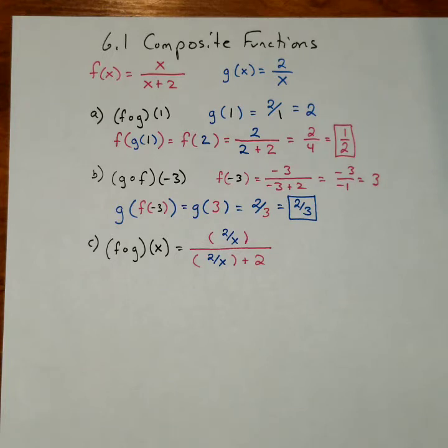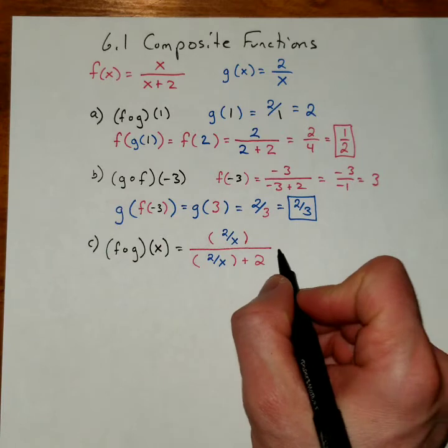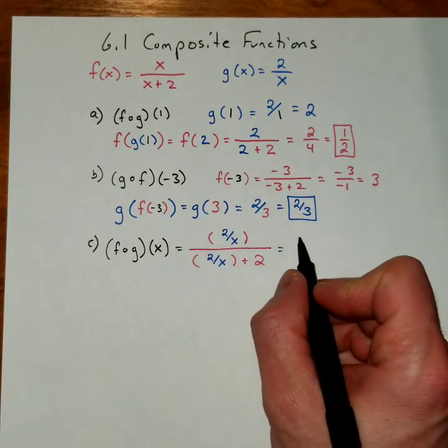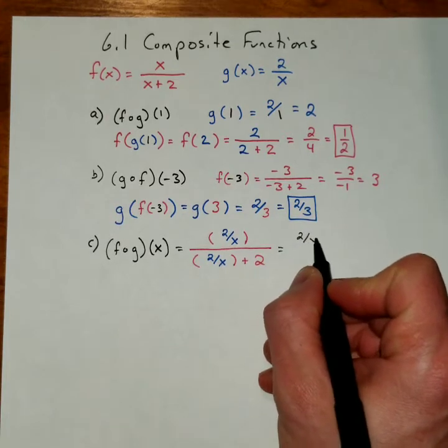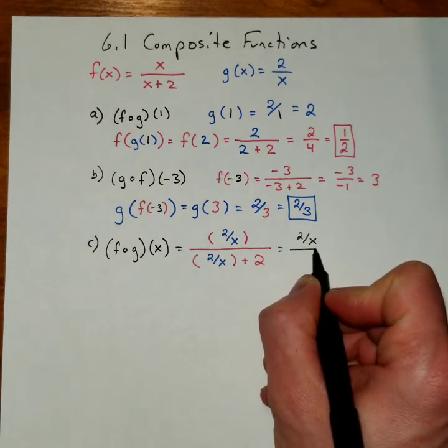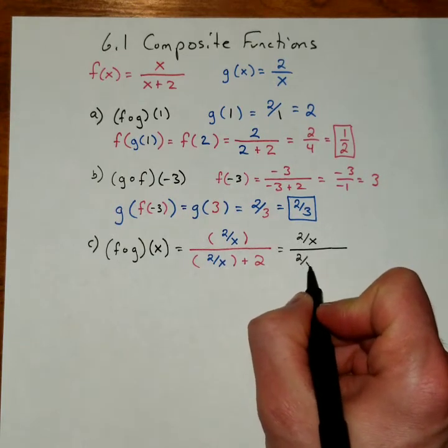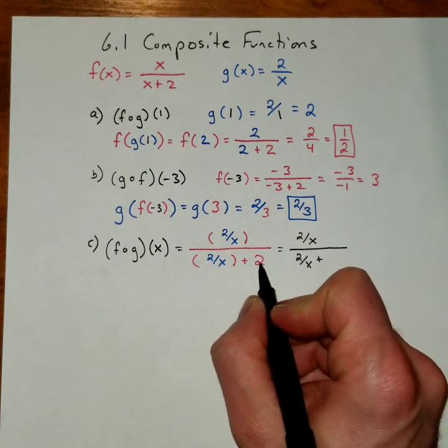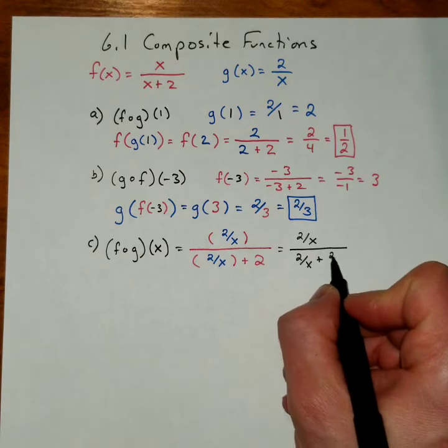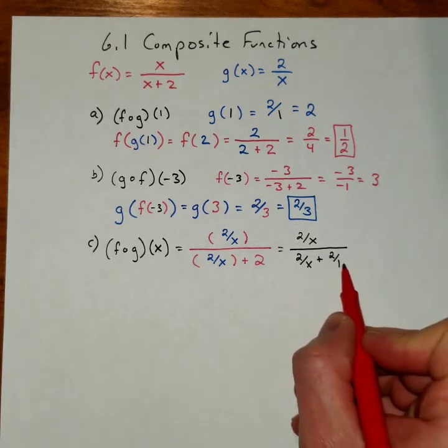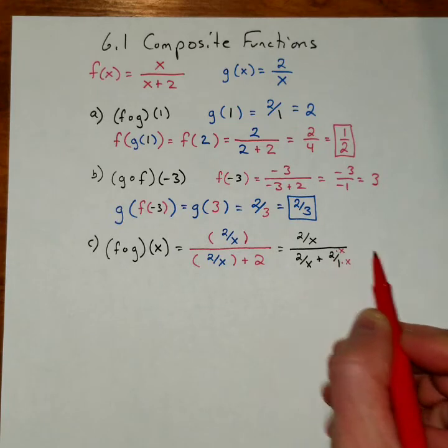Now we need to simplify and make this actually look nice, otherwise I've got a complex fraction here, and no one wants fractions inside of fractions. So we're going to have 2 over x, and then here we have 2 over x plus, now this 2, I'm going to write it in fraction form, 2 over 1, and then we can get a least common denominator out of this. The LCD here is x, so I'm going to multiply top and bottom by an x.